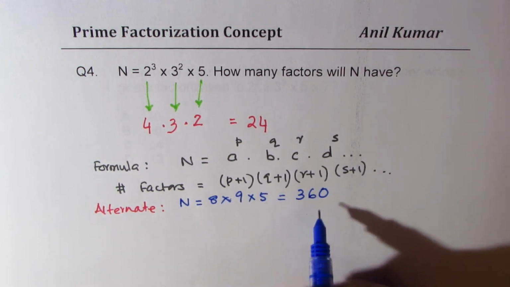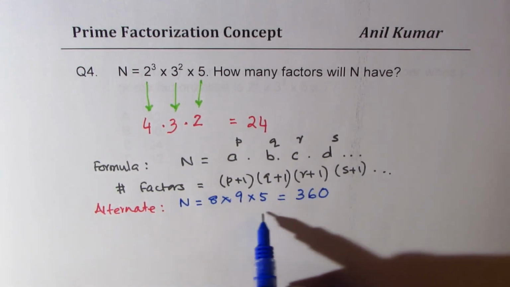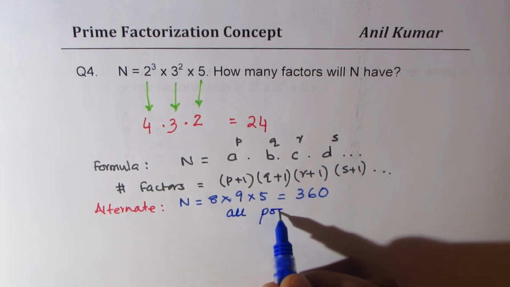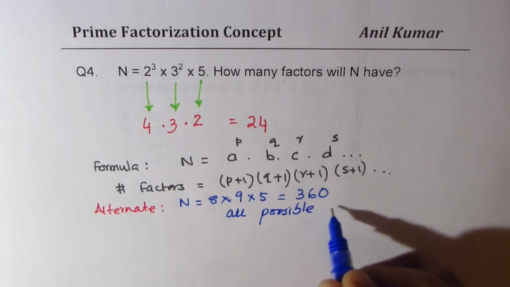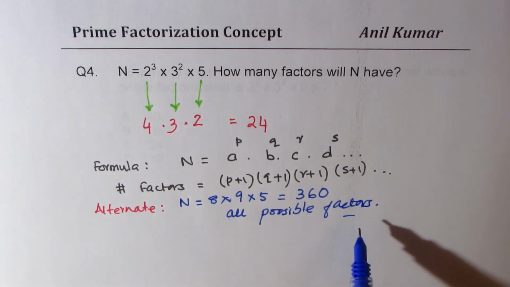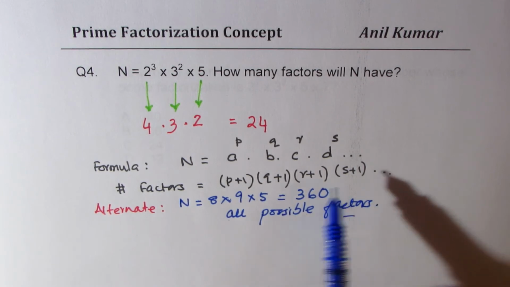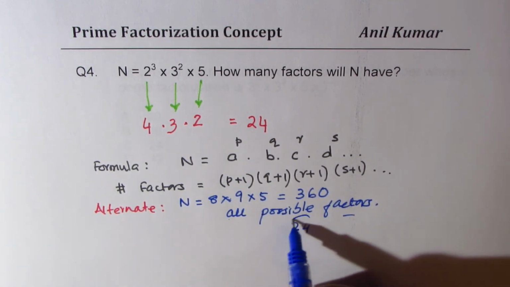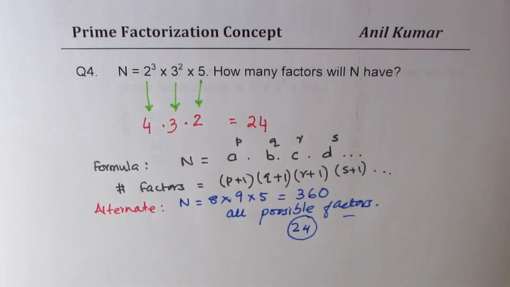So what you could do is make a rainbow and find all possible factors. Well, that will be a good exercise to verify that you get 24 or not, right? And that will give you the result as 24. Correct? So that is the last option.